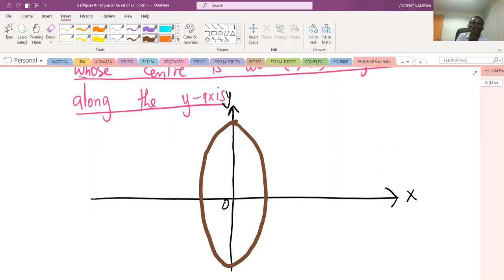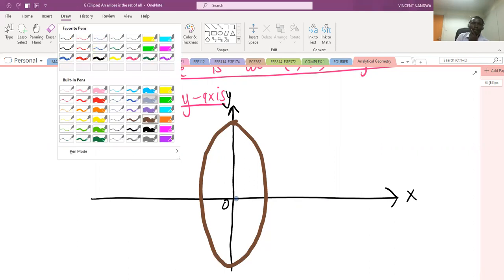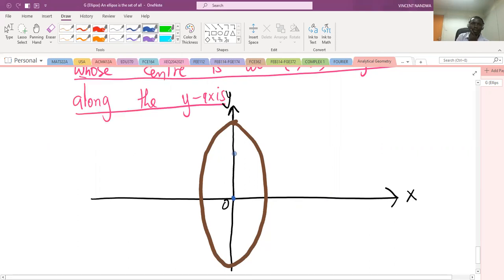On this ellipse, this is our center, the origin. Let this be one of the foci, this be the focus. And then this be the vertex. These are the ends of the major axis, the vertices.